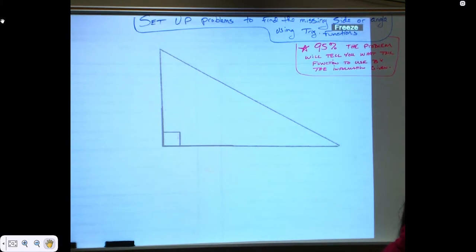I'm drawing mine upside down, in case you're wondering. Drawing mine like this.